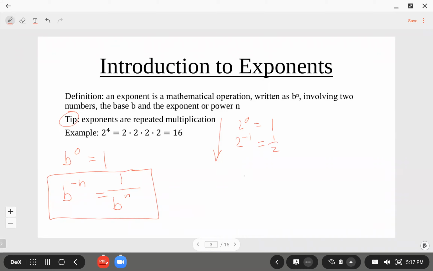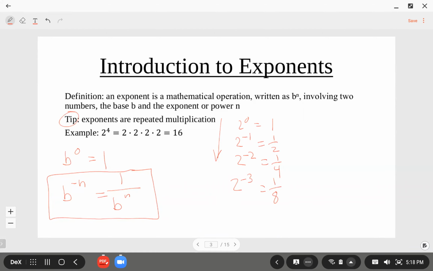So let's keep going. 2 to the negative second power. What is 2 to the second power? That's going to be 4, right? So 1 over 4. Also, one way you can do it, you can divide 1/2 by 2. 1/2 divided by 2 is going to be 1/4. Let's keep going. 2 to the negative third power equals 1/8, because 2 cubed is 8, so 1 over 8.